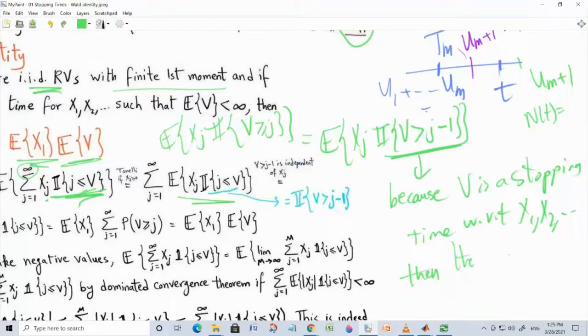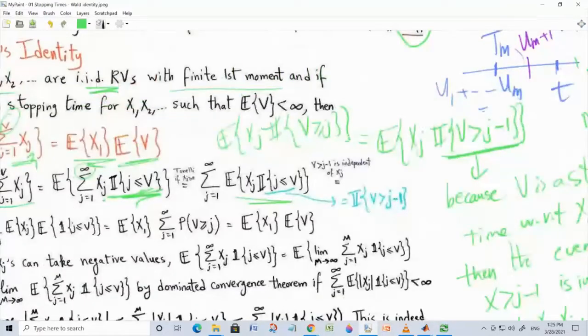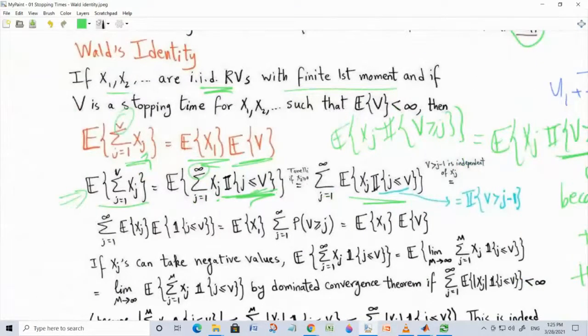Then the event V greater than j minus 1 is independent of X_{j+1}, X_{j+2}, and so forth. So these two guys will be independent of one another. Here we have X_j, and the expectation of a product is the product of expectations, and this is what you get, the result here.